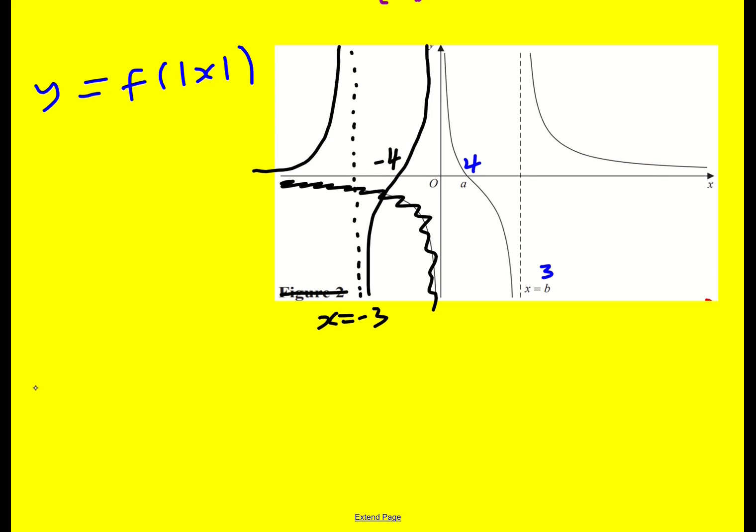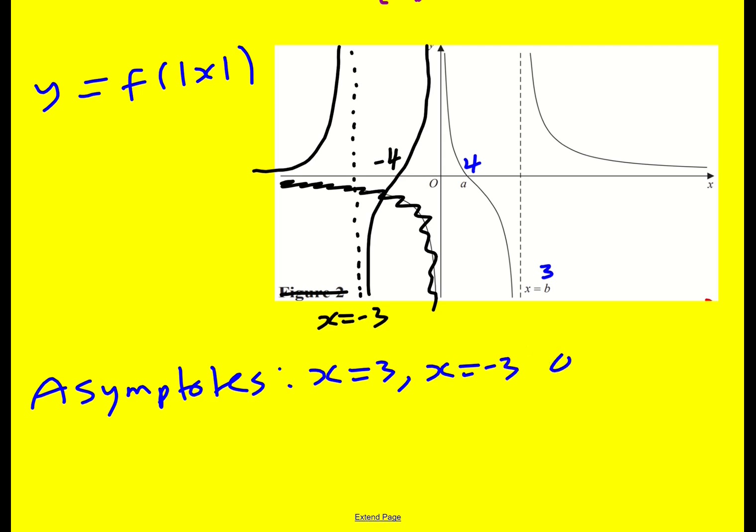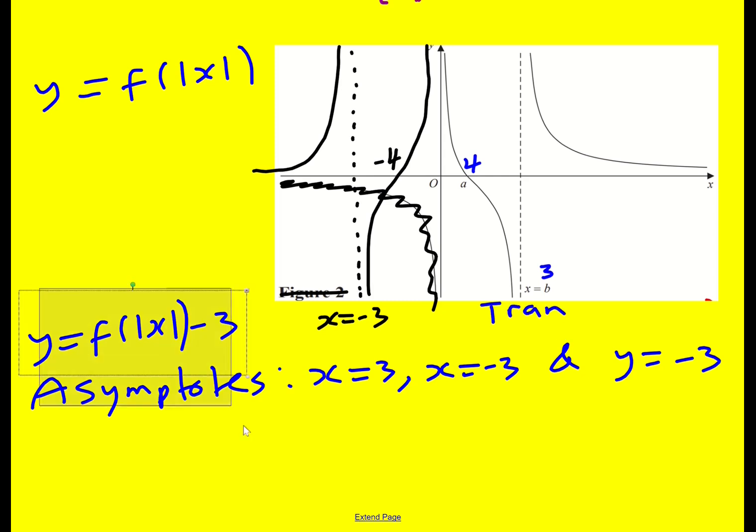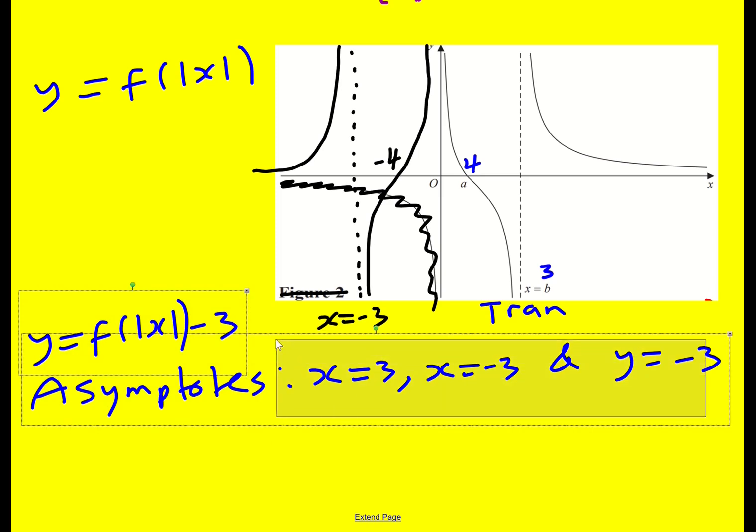So we just need to think about how everything will be affected. The asymptotes will remain as x equals 3 and x equals minus 3. But we'll also get y is equal to minus 3 because the y equals 0 asymptote will be translated. Sorry, I'm now talking about y is equal to f of the modulus of x minus 3. Apologies, I didn't make that clear. Sorry, I feel like I'm still linking too much to that first graph.